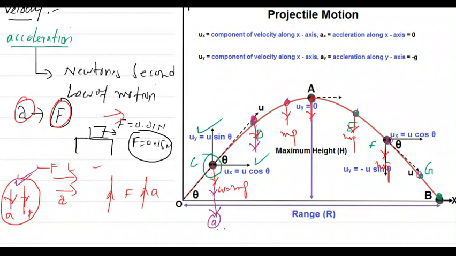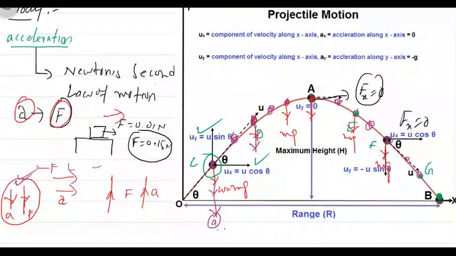But if I ask you, when the object is at any position throughout the trajectory, does it have acceleration horizontally? So what will be your answer? Of course, I think you are thinking right: there is no force horizontally at each and every point.